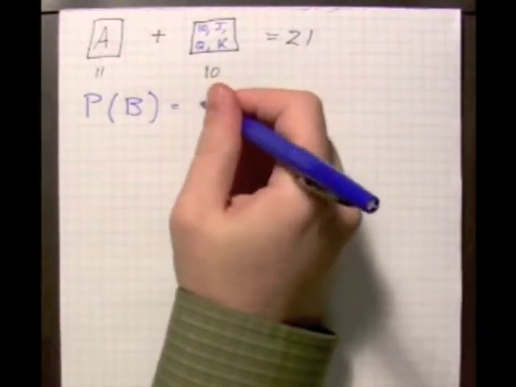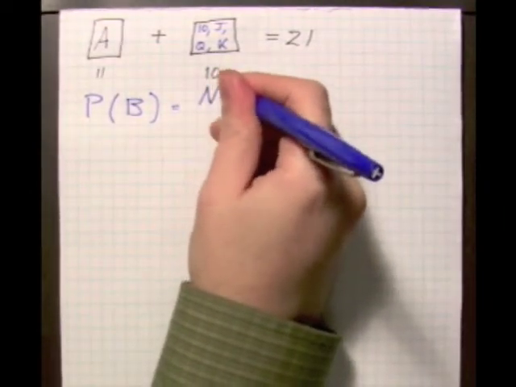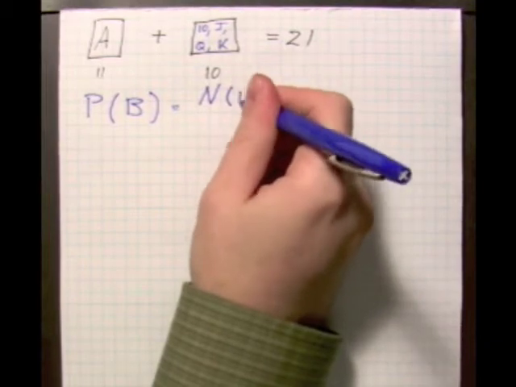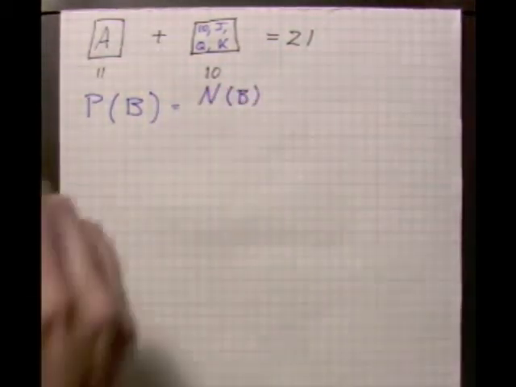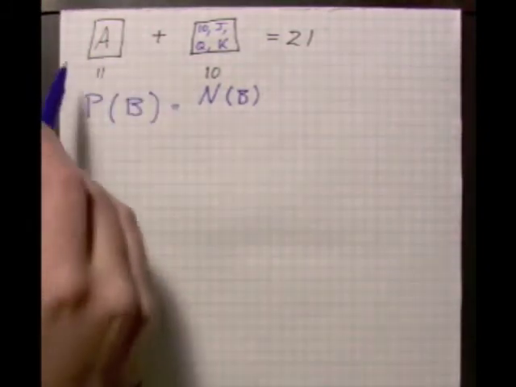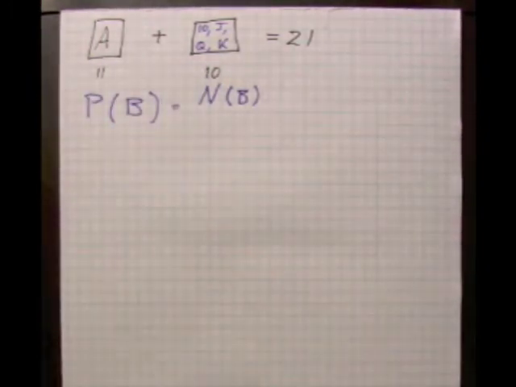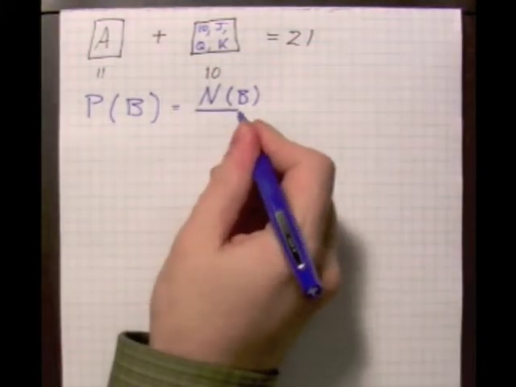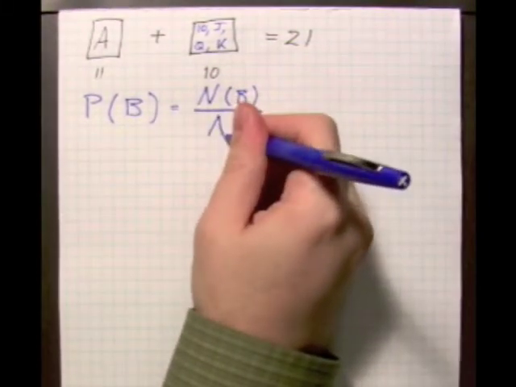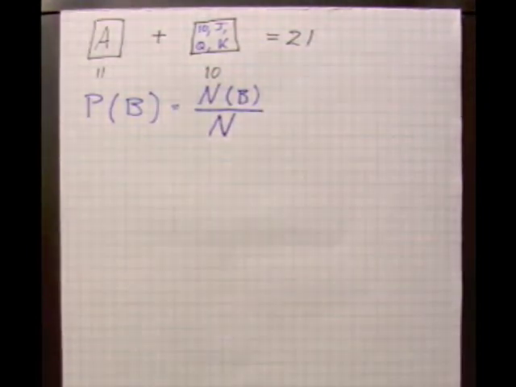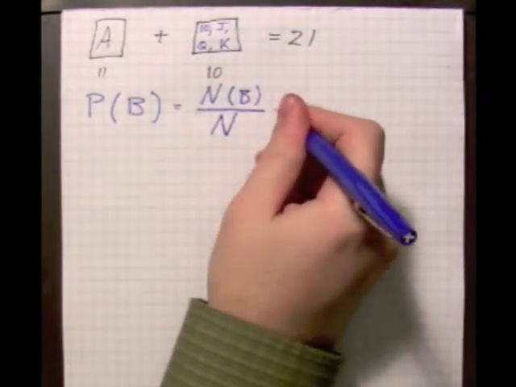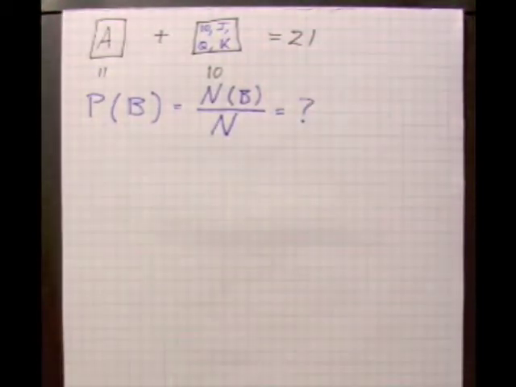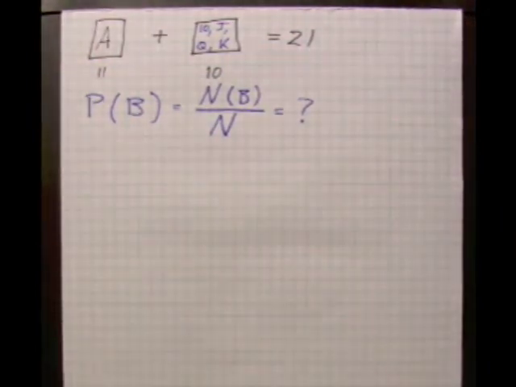Well, classical probability tells us that if we can figure out the number of ways that we can make a blackjack, just count up how many possible combinations of the ace and the 10 there are, and then divide that by the total number of outcomes that we can have when we're dealt 2 cards, that will be the probability of getting a blackjack. So this is our goal. It's what we're setting out to find.